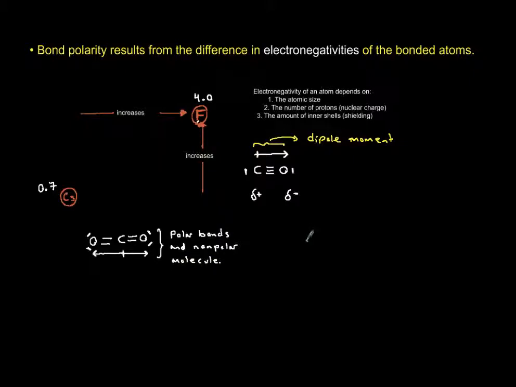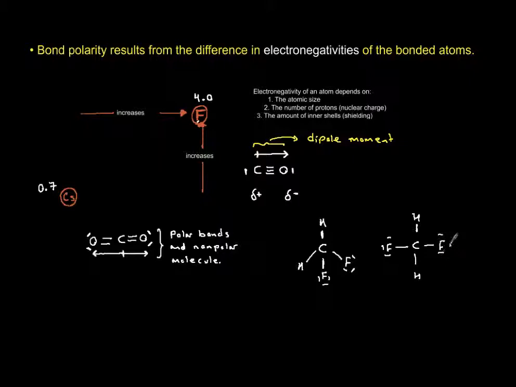Let's do another example. For example, if I give you CH2F2, now you have to be careful with this. If you draw a picture like this, as a plus, you might have the notion that this is a non-polar entity because the dipoles cancel each other out.